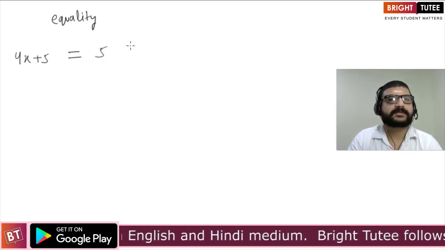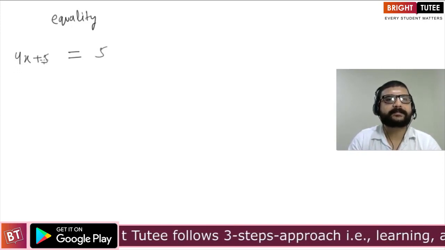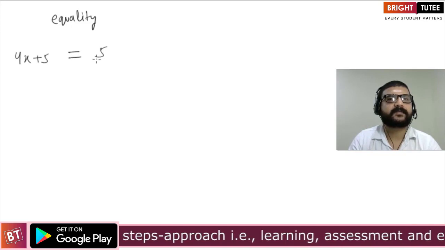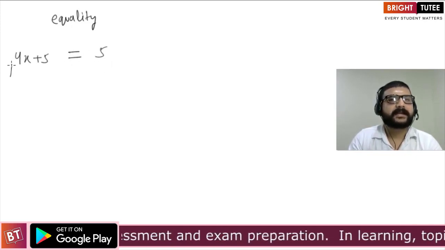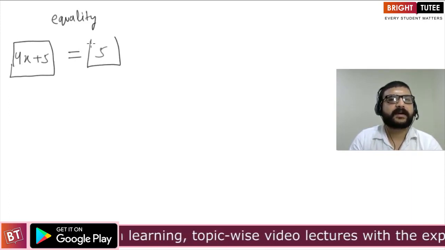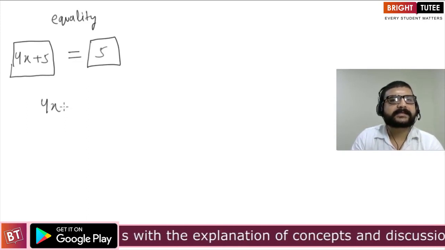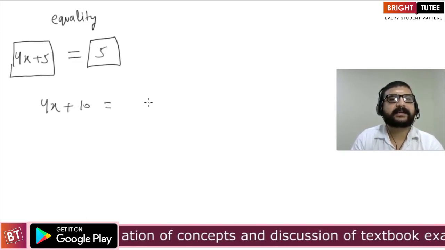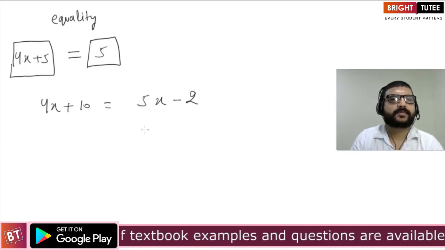It can be a constant number also. So here we have one equation, 4x plus 5 is equal to 5. Now this equality sign is showing us that the value of this expression is equal to 5. Or suppose we can have 4x plus 10 is equal to 5x minus 2.